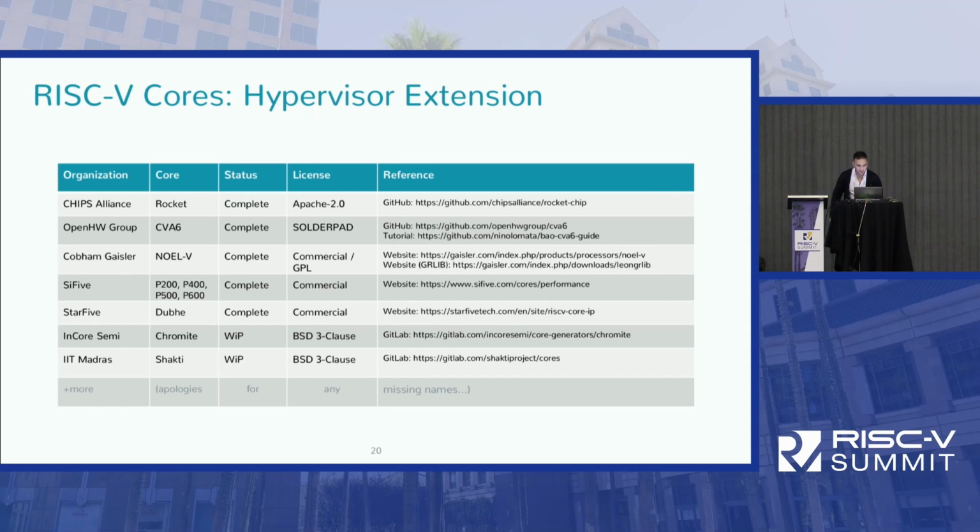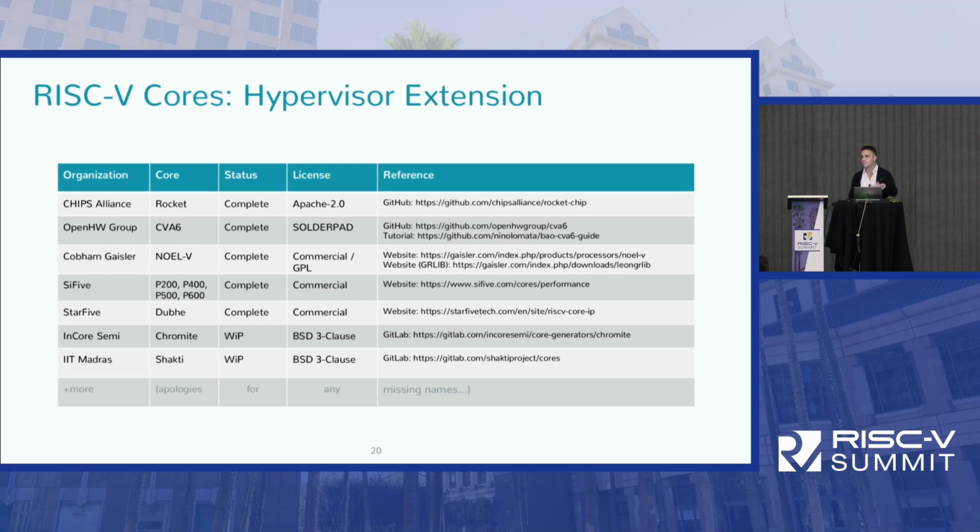A bit more interesting is understanding which RISC-V cores have this hypervisor extension. My team was quite involved in the implementation of the extension in two RISC-V cores. The first work was presented at the RISC-V Summit in 2020, where we presented the very first implementation of the hypervisor extension in a real RISC-V core.